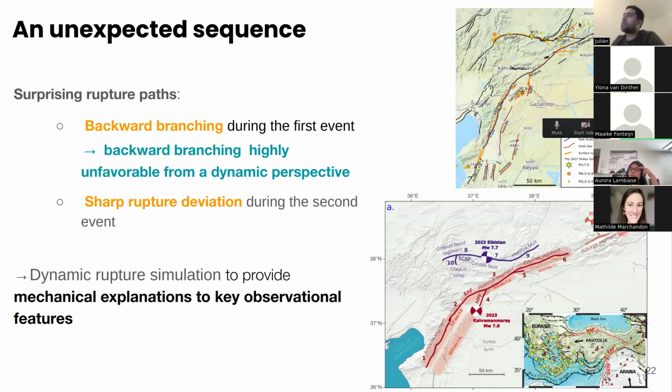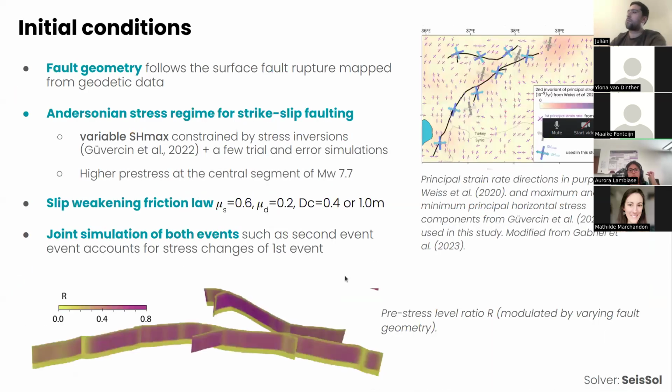It nucleated here, and instead of propagating straight on this fault that is mapped here as an active fault, the earthquake turned and propagated in another direction. So in this study, we used dynamic rupture simulation to try to provide a physics-based explanation of these observations.